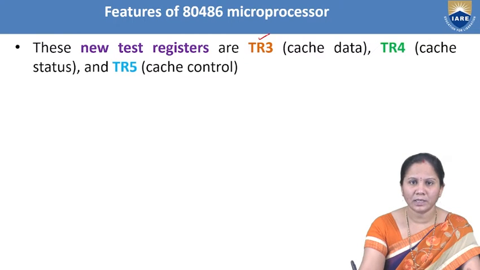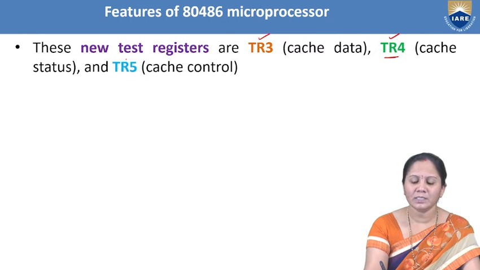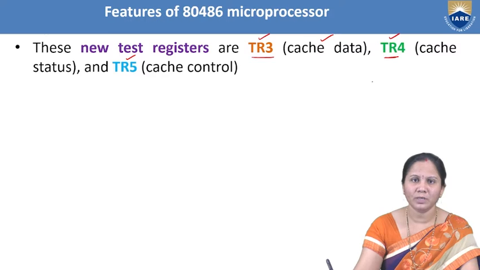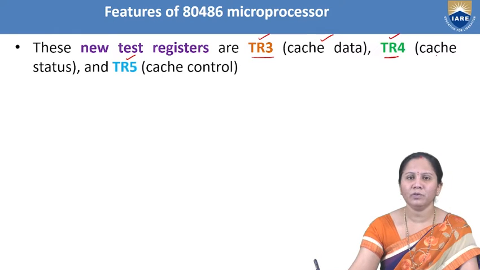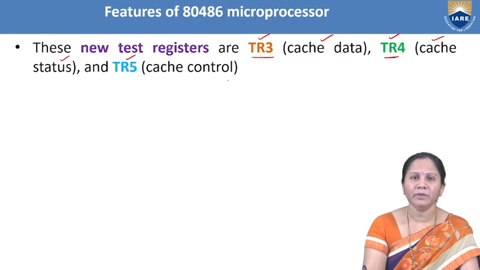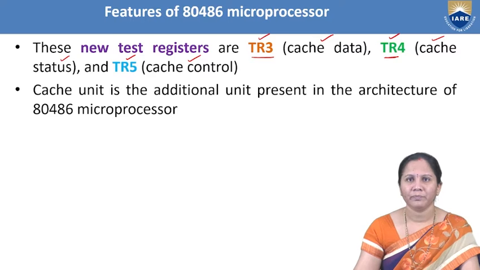One is TR3, where TR stands for test register. Another one is TR4 and another one is TR5. TR3 is a test register which tests the cache unit, TR4 is used to test the cache status, and TR5 tests cache control. These are the three additional test registers that are available internally.